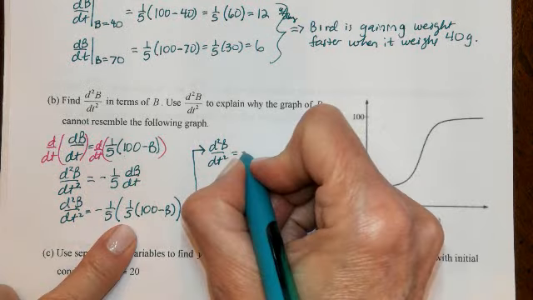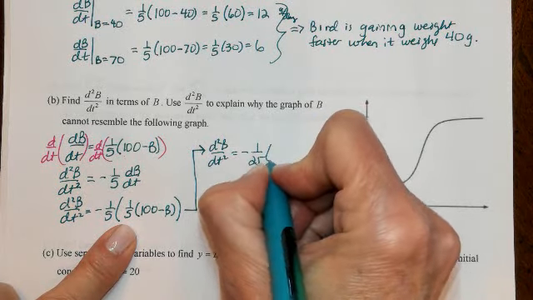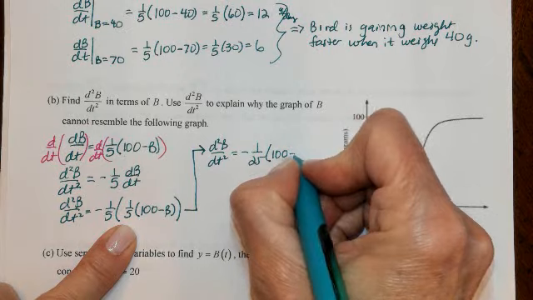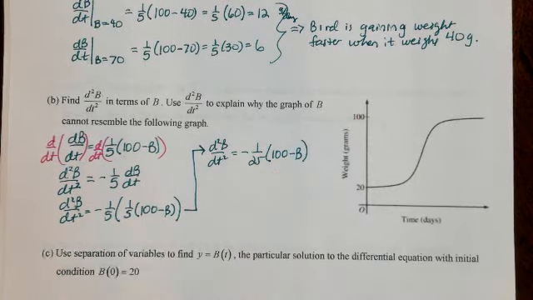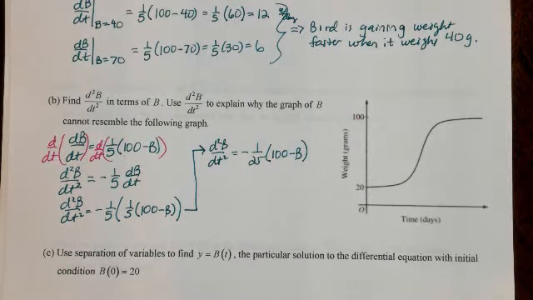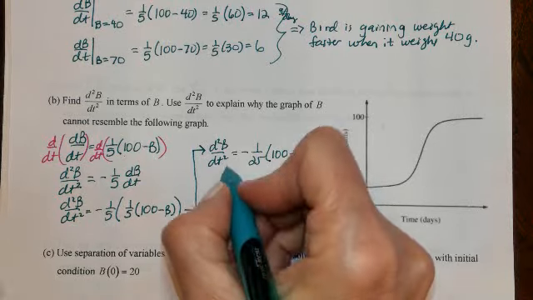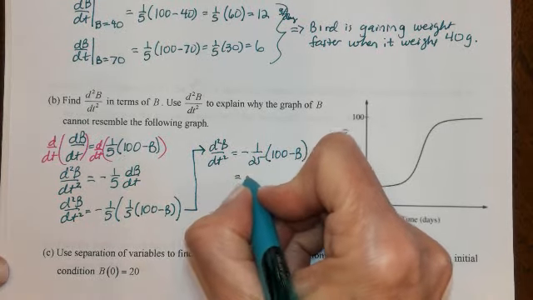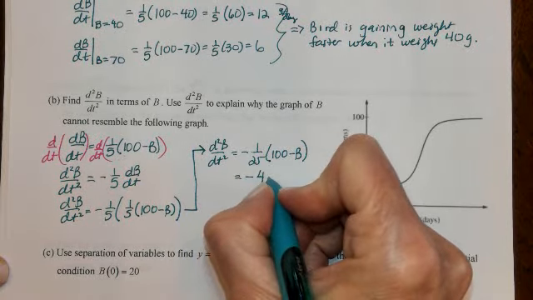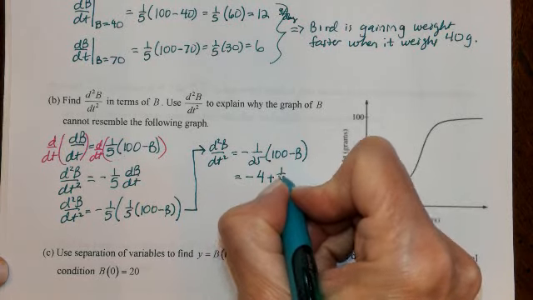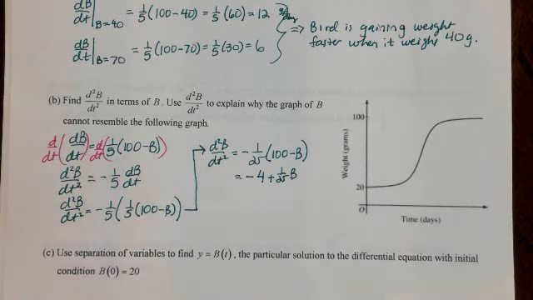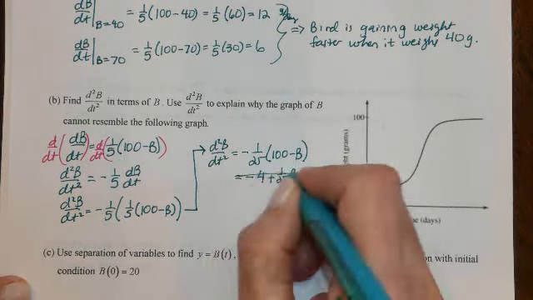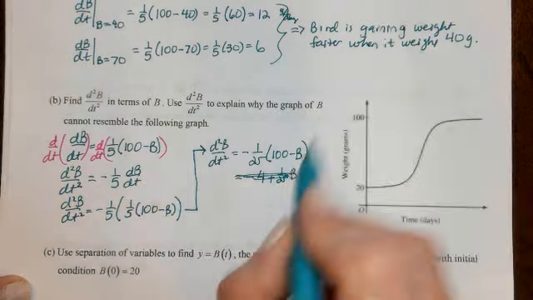This would be negative 1/25 times 100 minus b, right? So this would be negative 4 plus 1/25 of b. Actually, I think I'm going to leave it in that first form because now I see what I'm going to do.